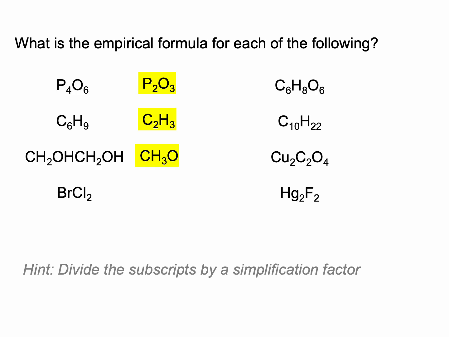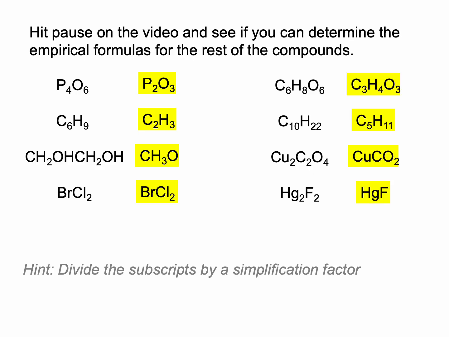Hit pause, and we'll see if you got the rest of the answers. And you can see that there are some cases where you can't simplify it any farther, like the bromine monochloride. Its empirical formula is the same thing as the molecular formula.